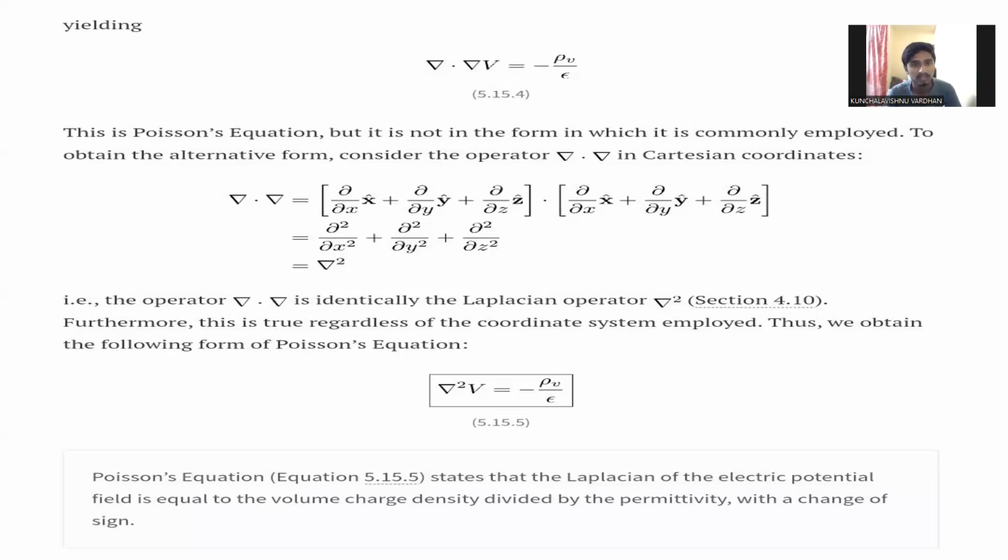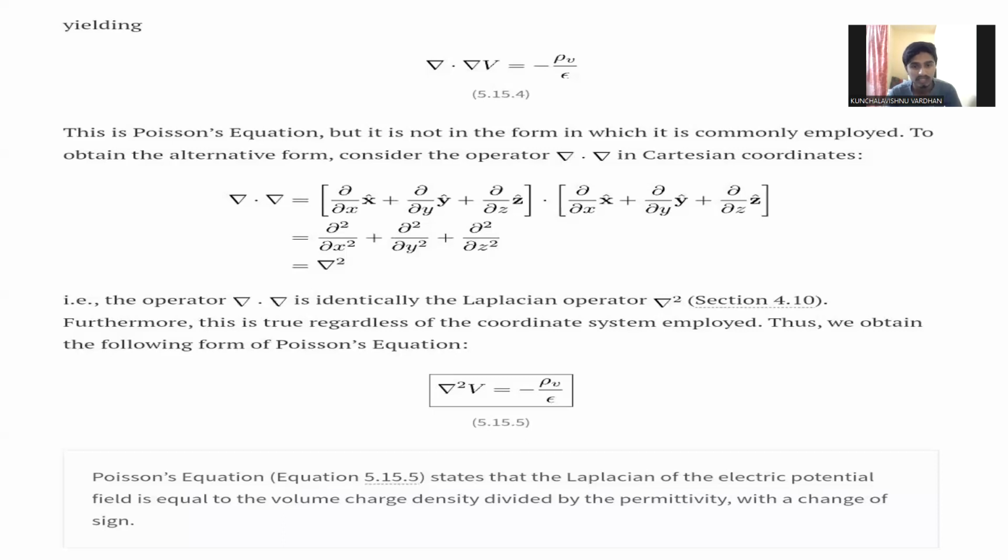That is, the operation grad dot grad is identically the Laplacian operator grad squared. Furthermore, this is true regardless of the coordinate system employed. Thus, we obtain the following form of Poisson's equation: grad squared V equal to minus rho_v by epsilon.